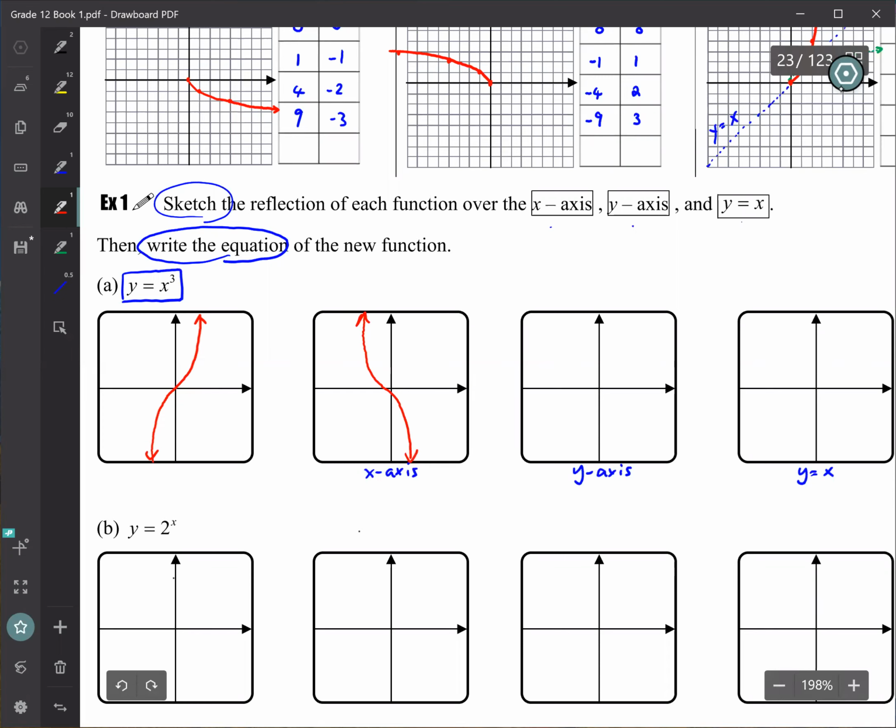Now the y-axis. Any volunteer? Trudy, you are the volunteer. Can you do the y-axis? We are reflecting the original, the basic. Let me write basic.